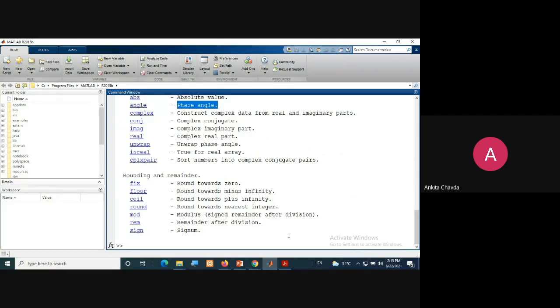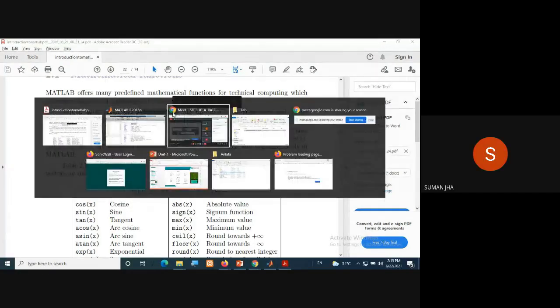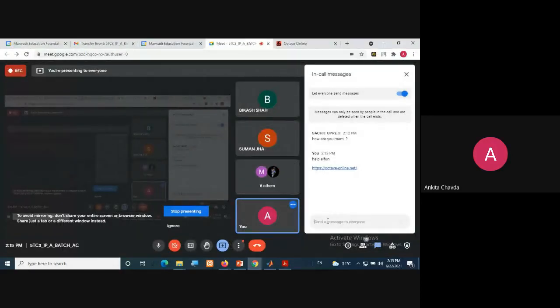And in the same way you can search for the special functions. Excuse me, ma'am, if we install MATLAB on our laptop, will we have all the details and documentation of the functions with us? Yes, it is present in MATLAB.